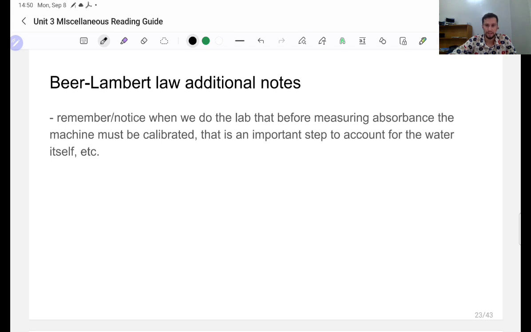Calibrating takes account of that and says, okay, this is how much light gets through with nothing other than water in there. And then you add the chemical to see how much additional light the chemical is taking away, to get properly calibrated absorbance values.